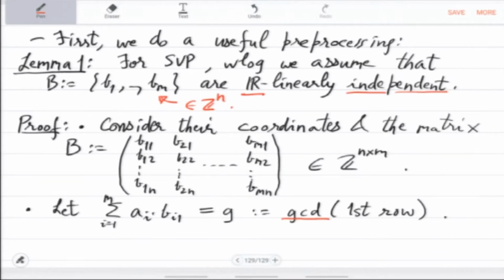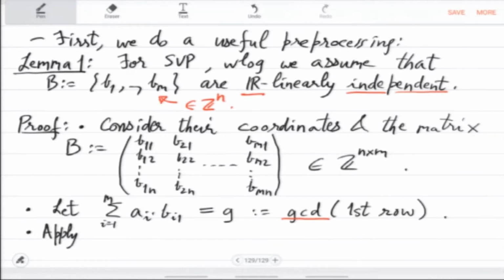Compute the GCD, and the ai's can be computed by, for example, the extended Euclid GCD algorithm. So do that piece by piece: simulate every step of the Euclid GCD algorithm on the columns. Let us write that down.